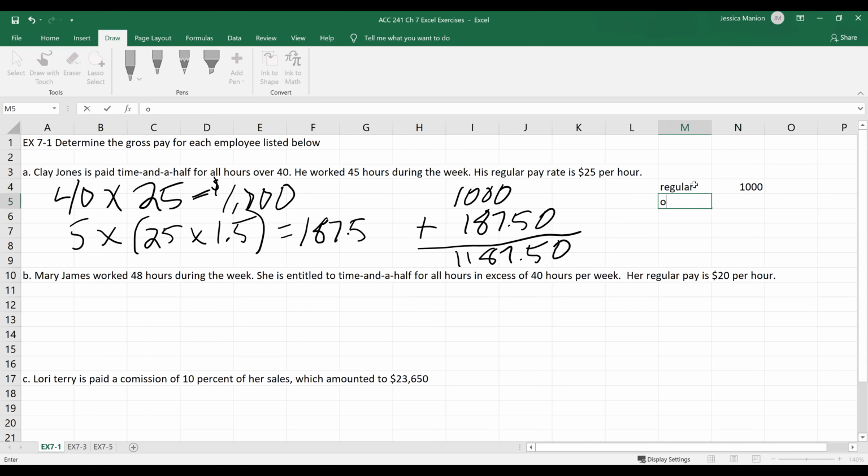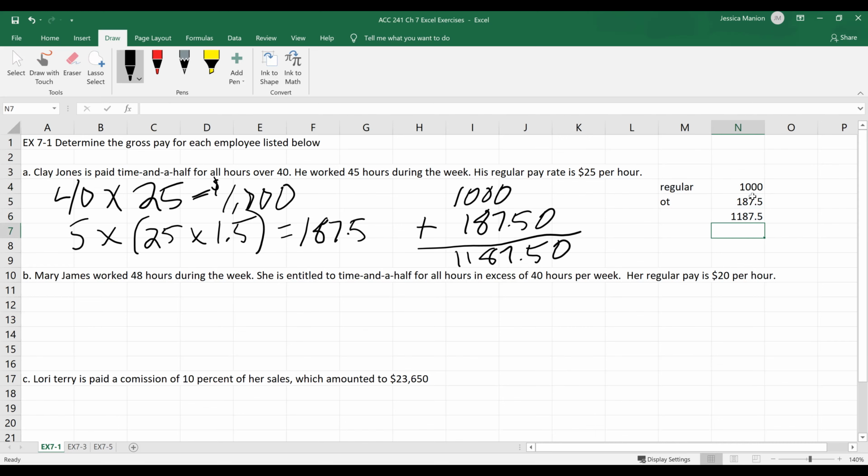And then overtime, OT, equals 5 times 25 times 1.5. Plug the numbers in that way. 187.50 equals the sum of these two. 1187.50, right? Okay.